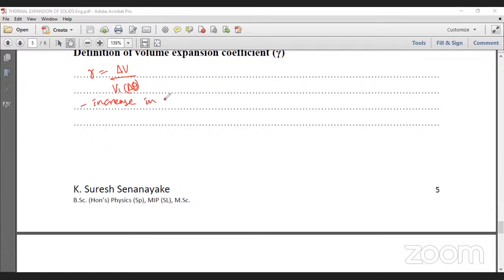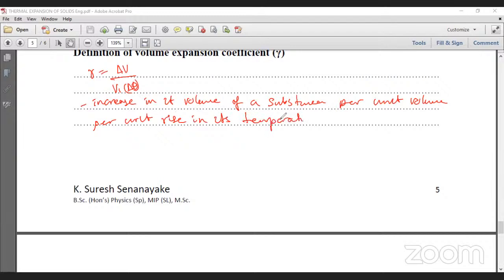The increase in volume of a material or substance per unit volume per unit rise in temperature is the volume expansion coefficient of the material or substance.